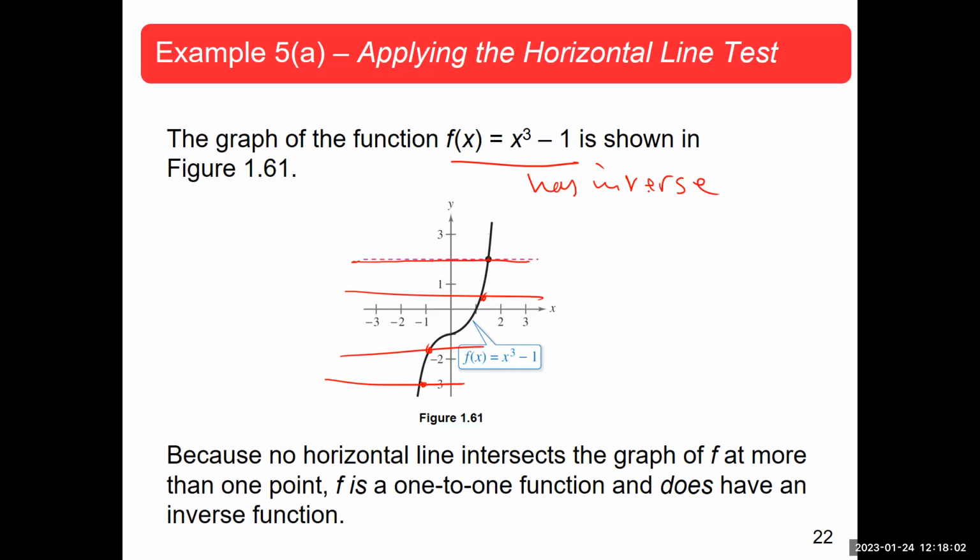Then what happens if not? If I have a function like this, then if I run my horizontal line, I have two intercepts. So this is an x squared. So this function, f(x) equals x squared, or anything that has an x squared in it, has no inverse.